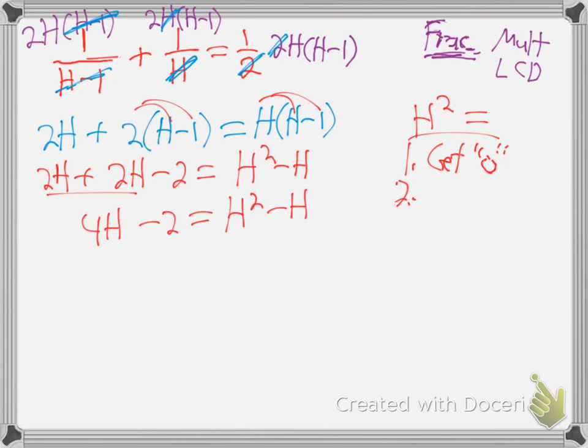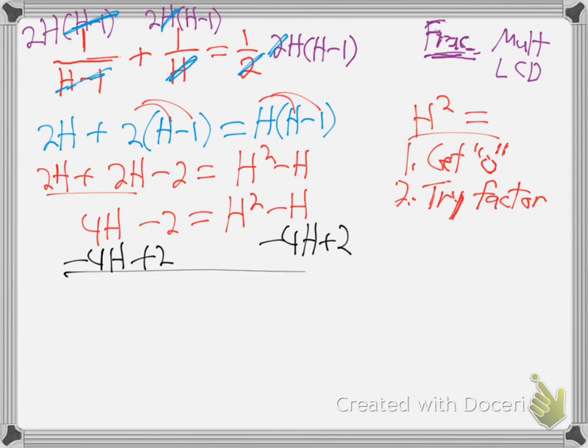Step 2, try to factor. So where am I going to get a 0? h squared's on the right side, so you get the 0 on the other side. Minus 4h plus 2 on both sides. Gonzo, 0.